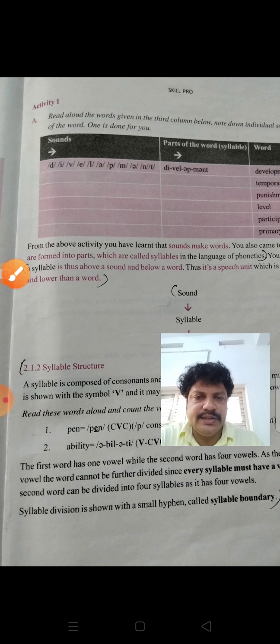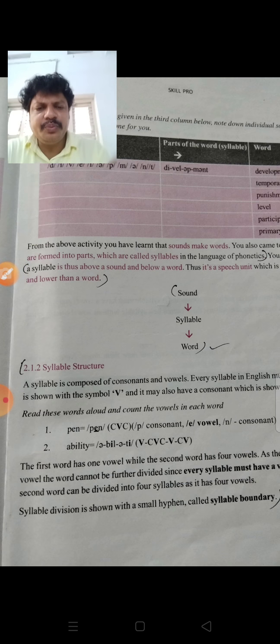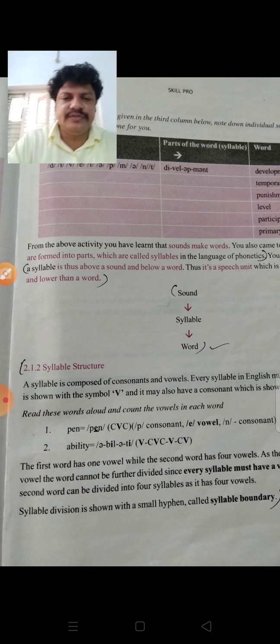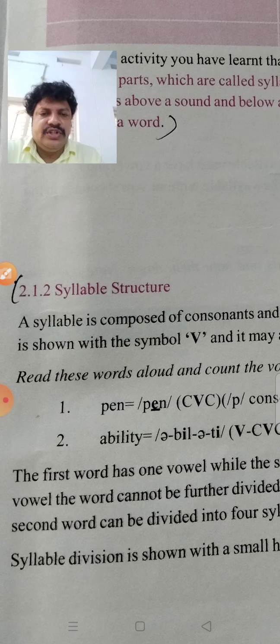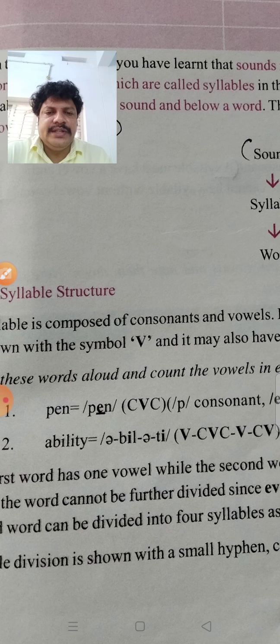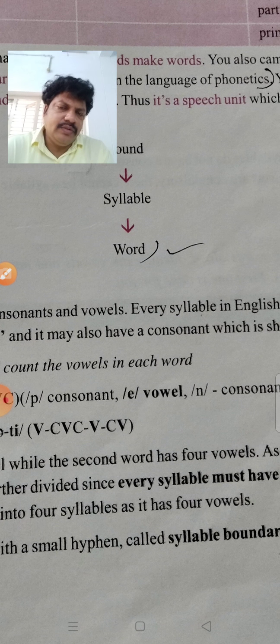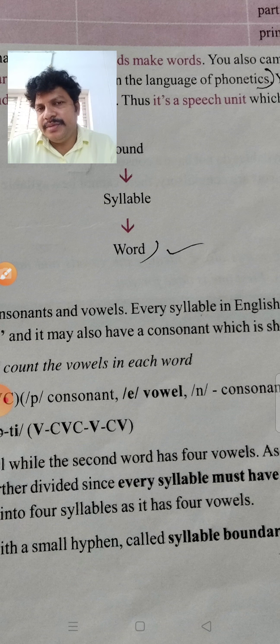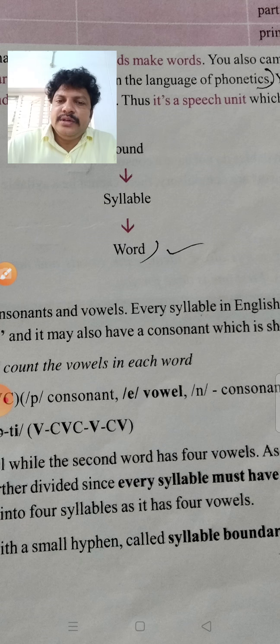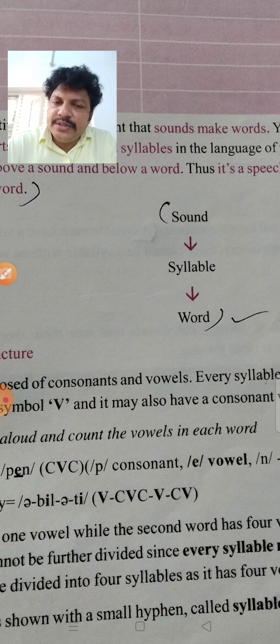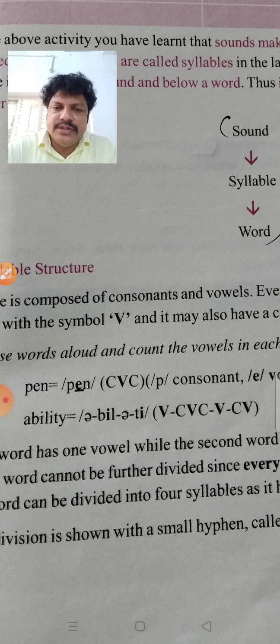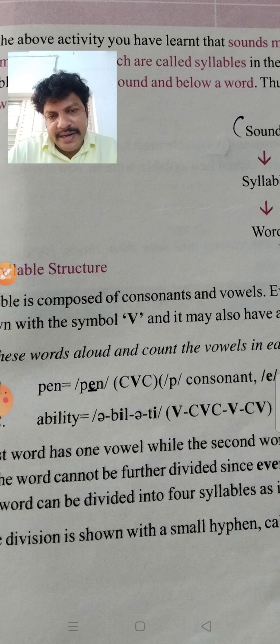Next, the second thing is syllable structure. What are the constituent parts of syllables? First, a syllable is composed of consonants and also vowels. So vowel sounds and consonant sounds will both be there. Here V is the symbol for vowel sounds and C for consonant sounds. Let us see pen first.